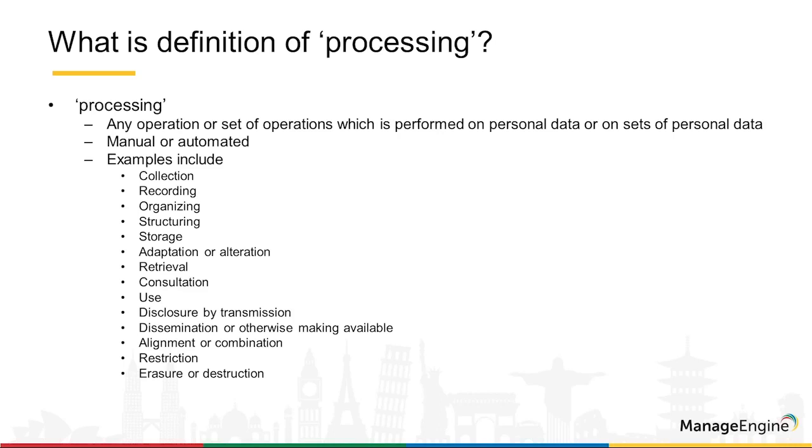And then they give you a long list of what processing could include. So you see collecting the information, recording the information, organizing, structuring, manipulating the information, the storage, which we have to get into in order to secure it, right? Adapting, altering, this would be maybe the analyzing of the information, right?